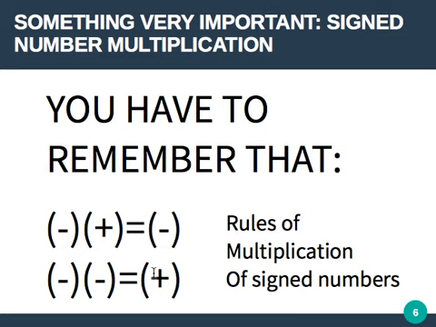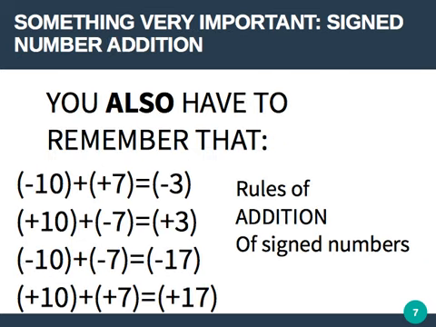That's all you have to remember about signed number multiplication. We're going to be needing this for this discussion, so keep it in your mind. What about addition? Have that in your head too. Keep it close to you.